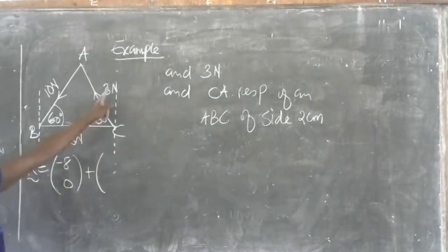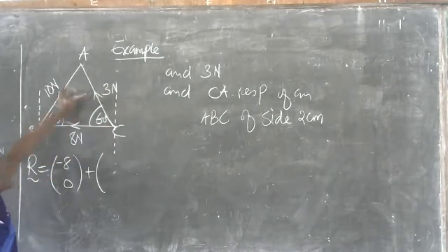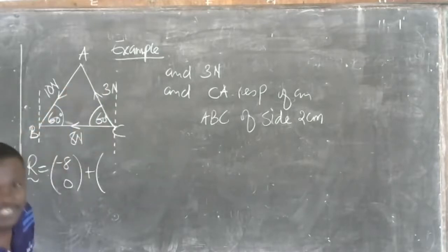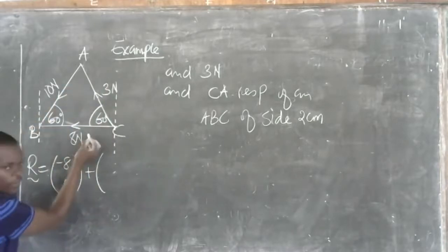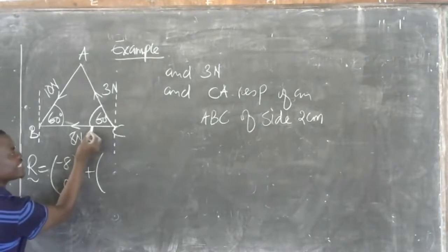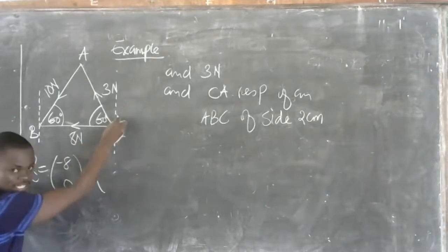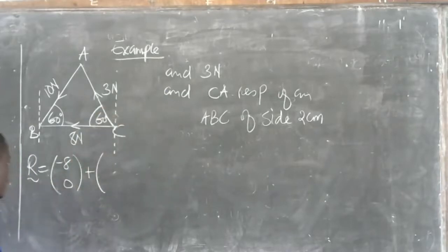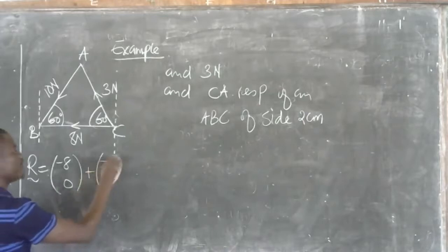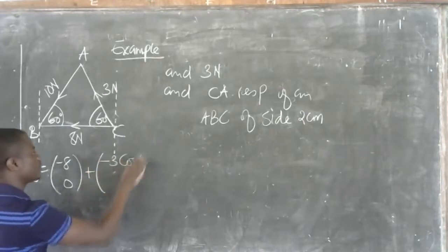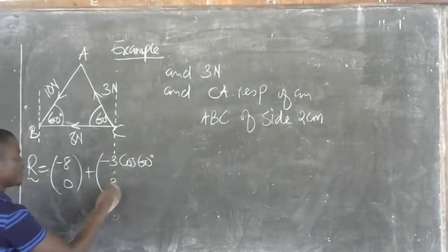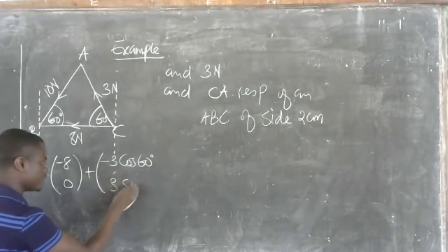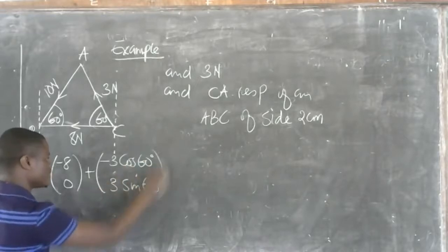As we move to the 3 Newton force, the force is projecting out of point C, and so should the components. X is negative out of C, and y is positive out of C. So it will be negative 3 cos 60 and positive 3 sine 60 degrees.